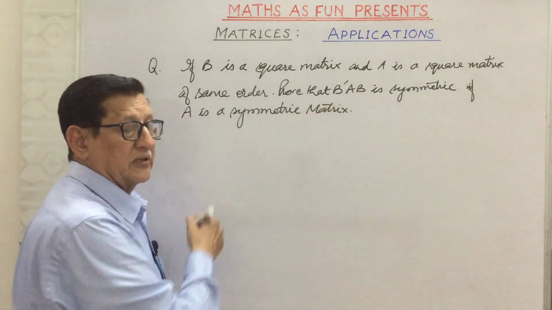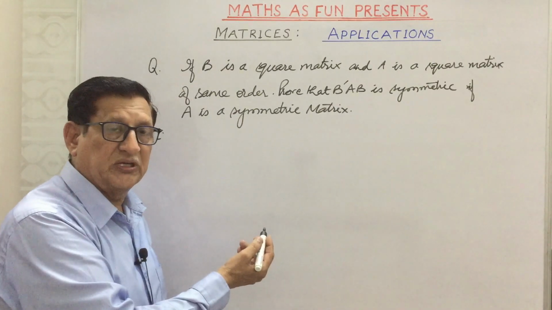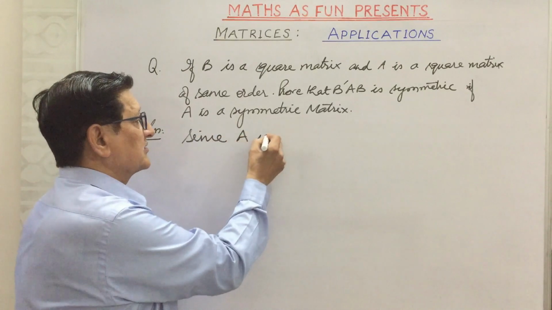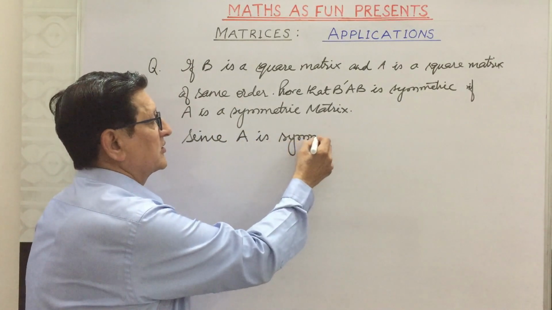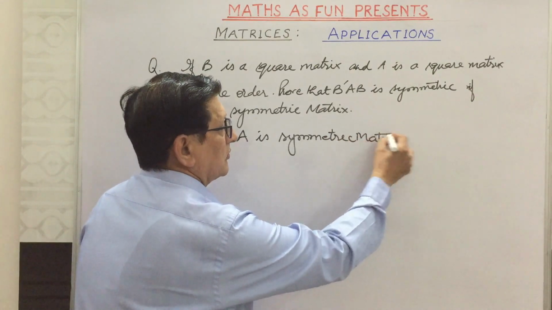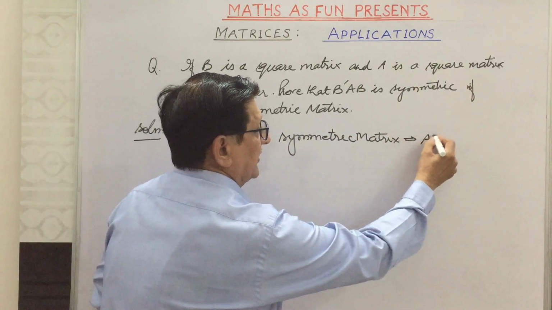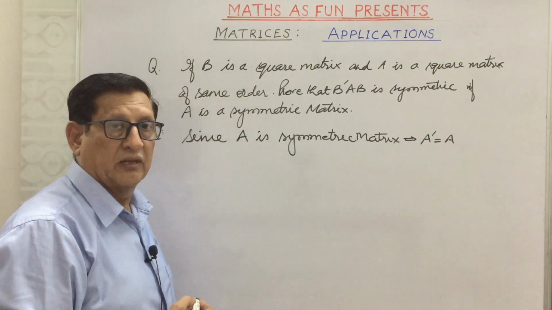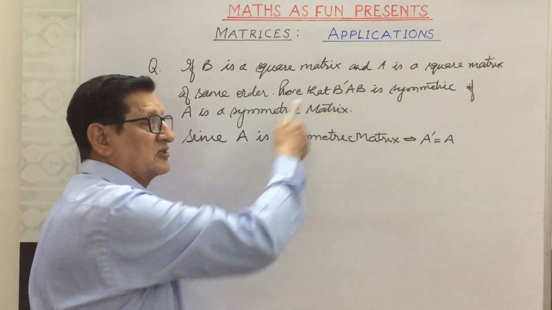A is a symmetric matrix. It means A dash is equal to A. So we can write, since A is a symmetric matrix, this implies that A dash is equal to A. We have to prove that this is symmetric.